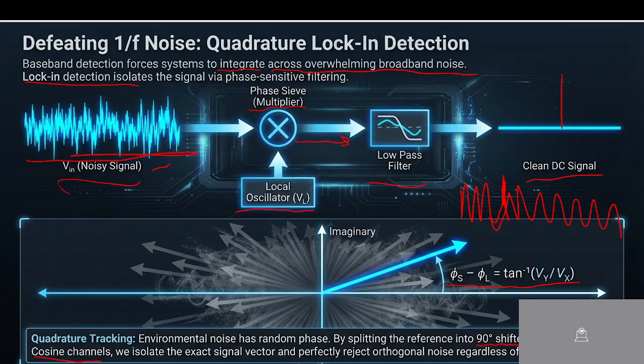So how can we do it? By comparing it with a known reference signal. And how can we compare it? Instead of just measuring amplitude, it measures both amplitude and phase, using two components. Which are the two components? One is the in-phase component X, aligned with the reference signal, and another is the quadrature, which is 90-degree phase shifted from the reference.